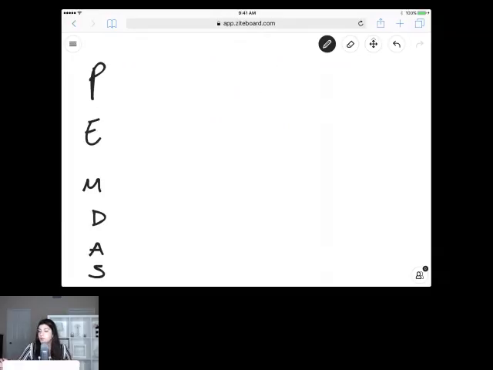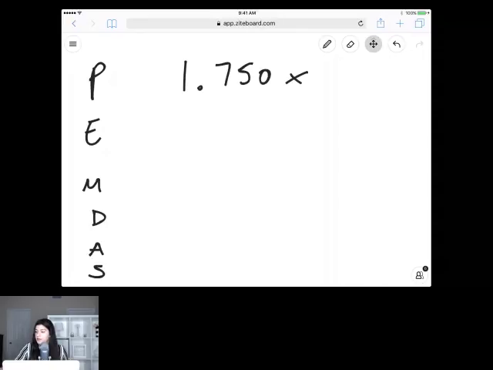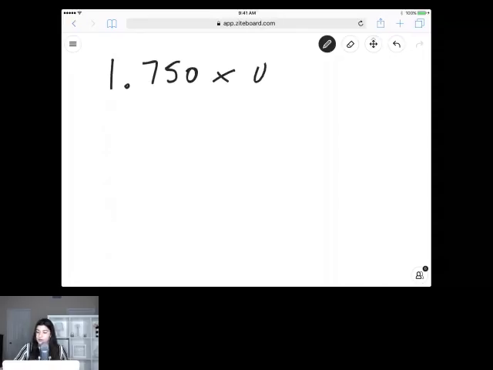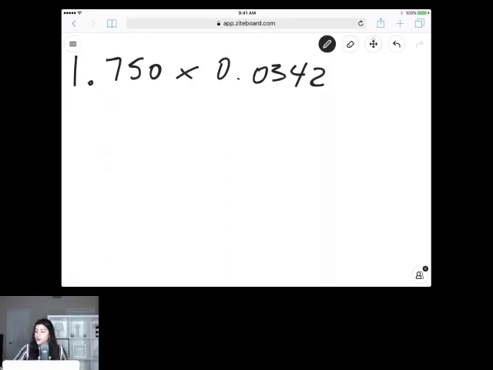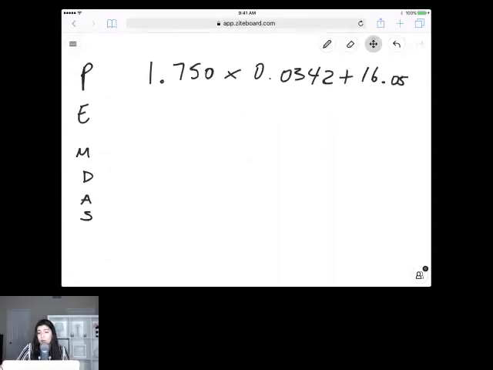All right. So with this type of question, let's say we were given 1.750 times 0.0342. And we're also adding 16.05. So I'm going to go back to PEMDAS, or order of operations.